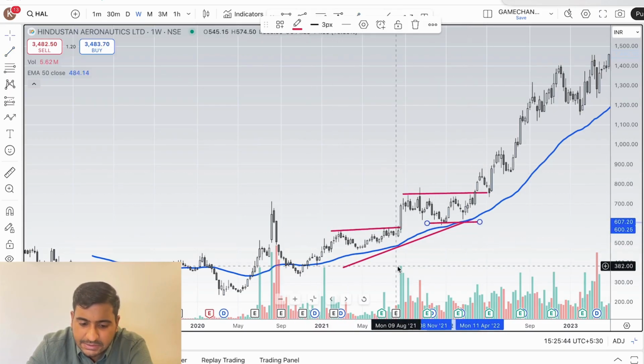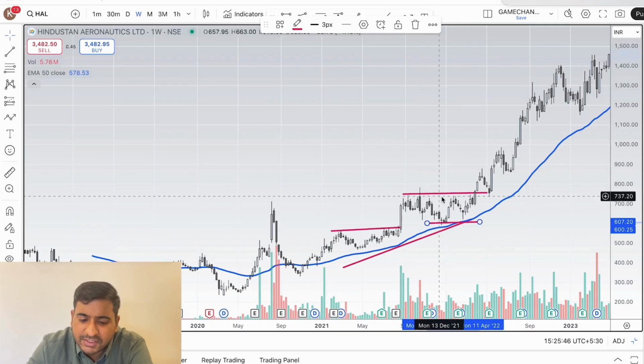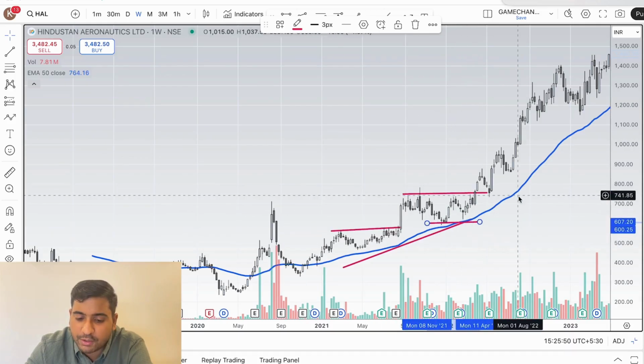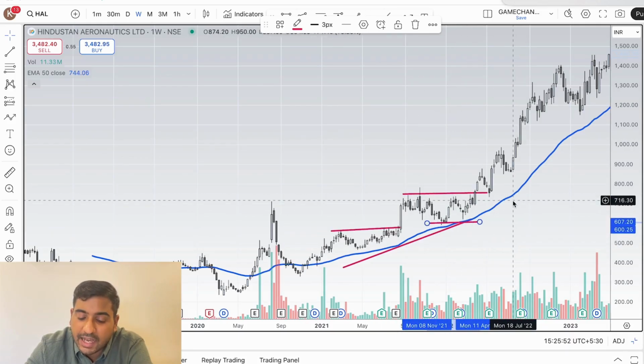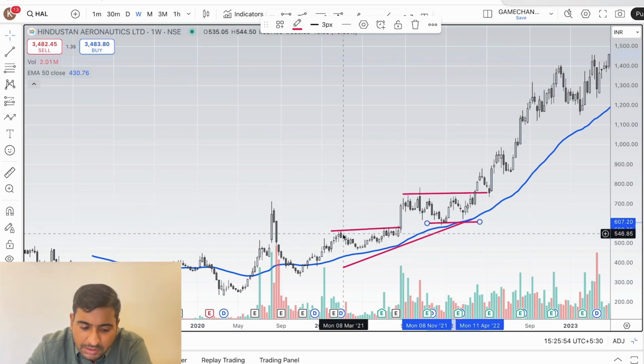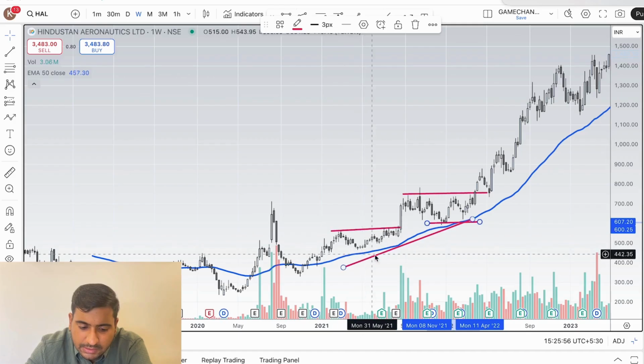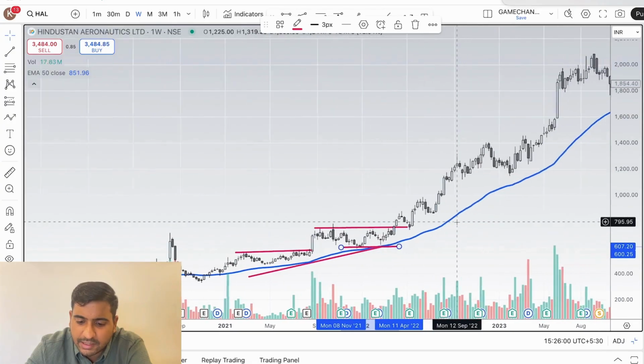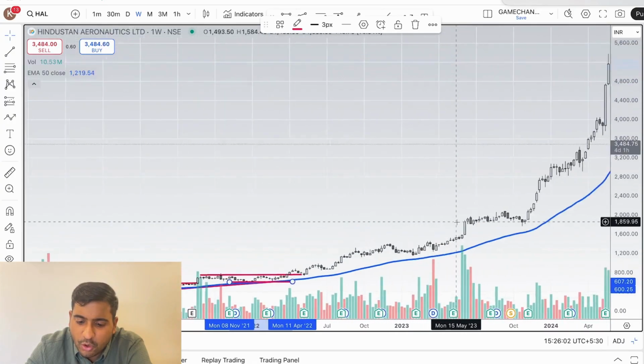When that happens, it is a good stock to be in. This tells that the overall trend of this stock is higher. So now overall, this keeps on heading higher for a very long duration.